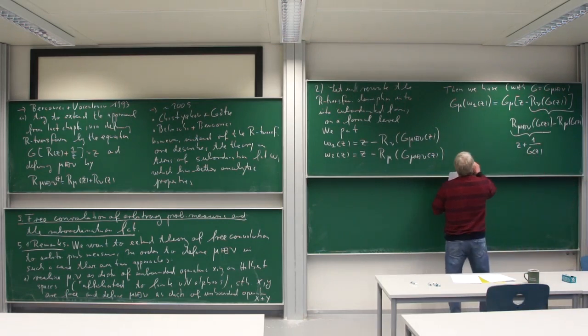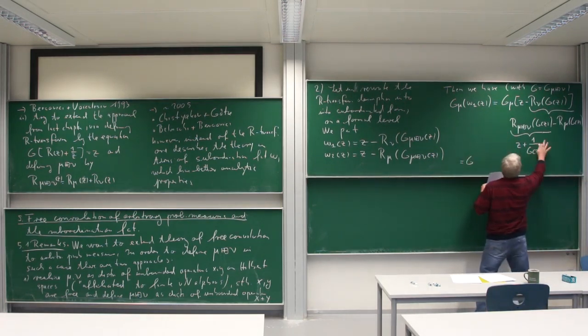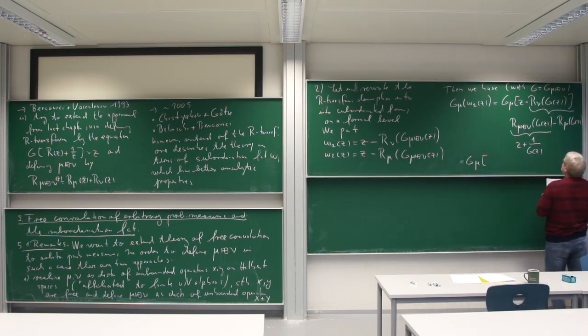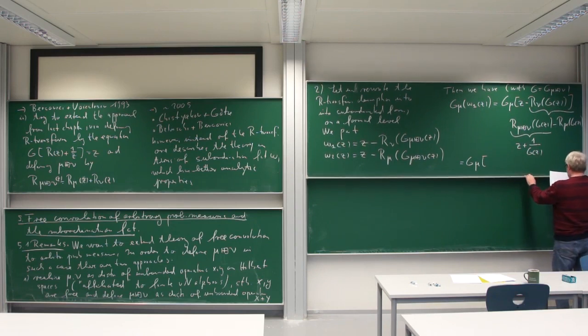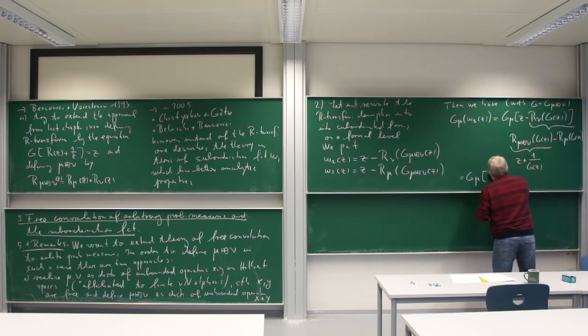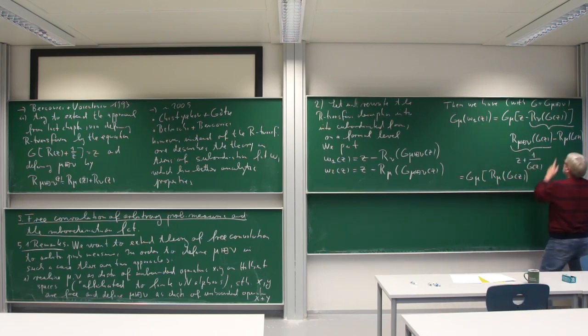So now let's see where we are. All this is the argument of G mu. And what do I have here now? For G mu, you see I have here z, and then minus all this. So this cancels this z here, and here I have a minus, and minus, this gives a plus, so I have here R mu of G of z, and then I still have this term with the minus sign, minus 1 over G of z.